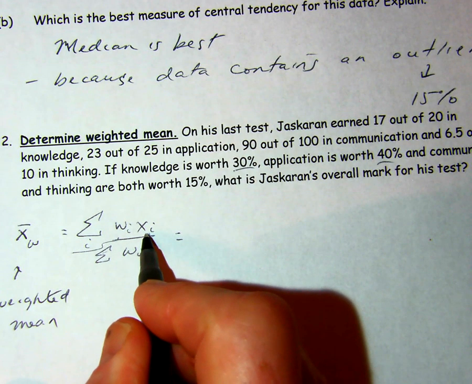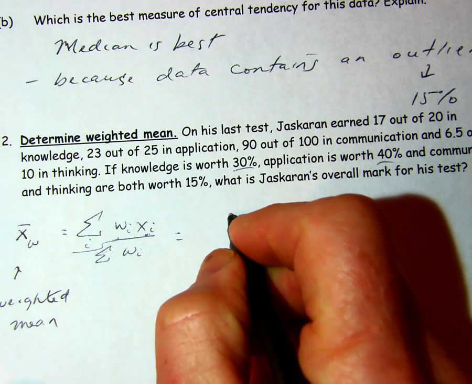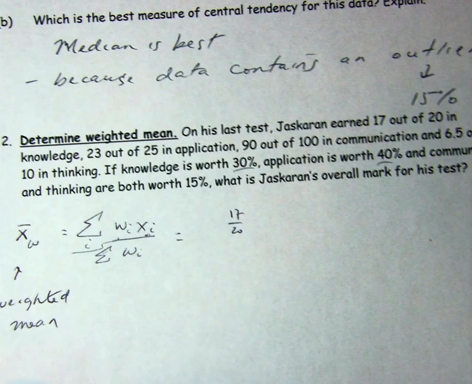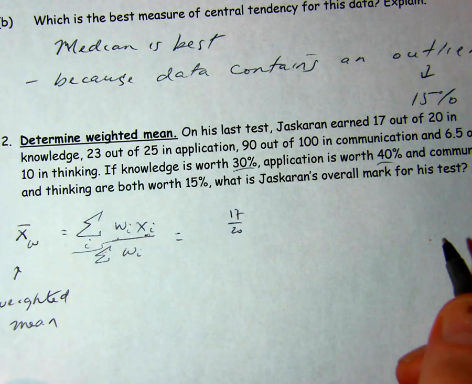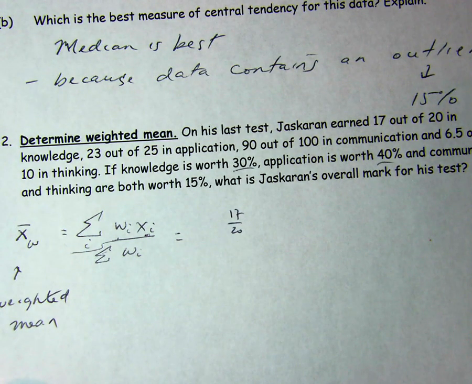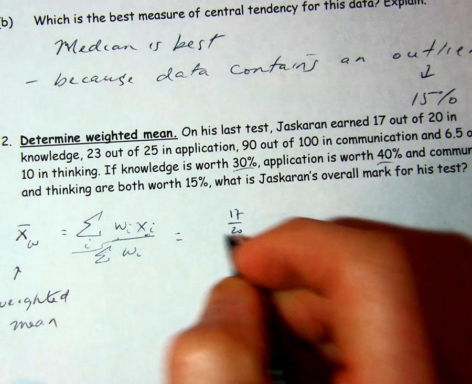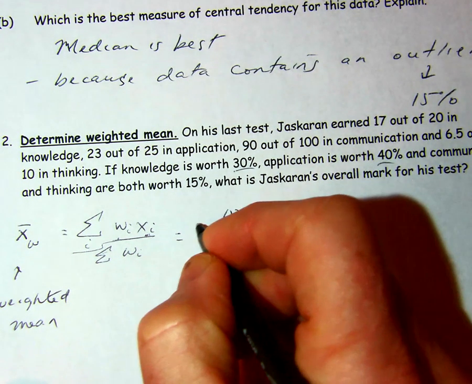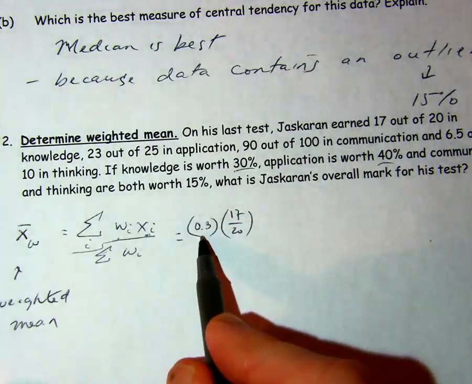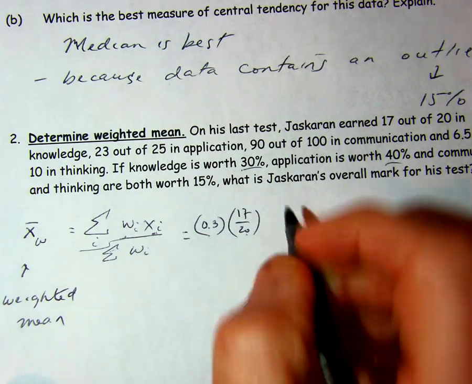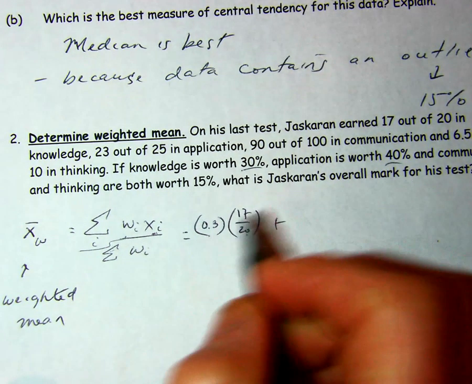X is your mark, so 17 out of 20, and then we're going to multiply it by the weight. It's weighted 30%, so let's put that as a decimal. Multiply the weight times the mark. But you have to sum up all of them, so that's just the first one.